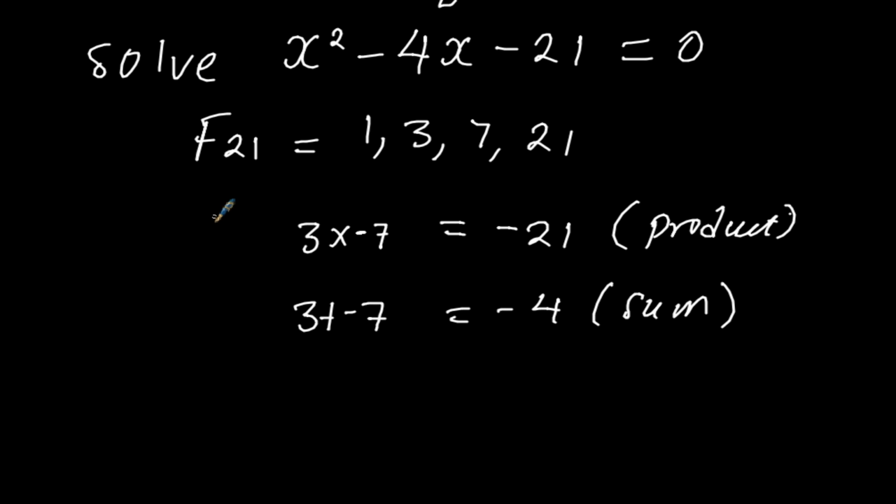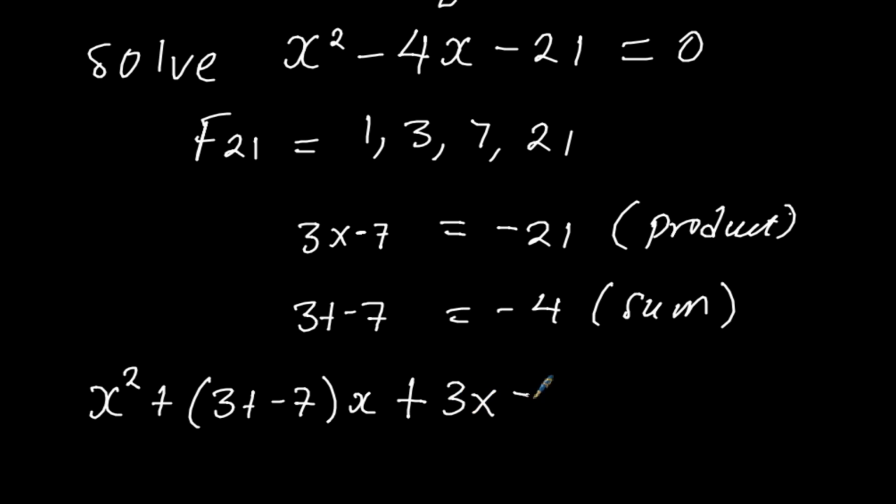And like in the previous video, we substitute these factors in our terms. So x squared plus, in brackets, 3 plus negative 7x plus 3 times negative 7 equaling 0.